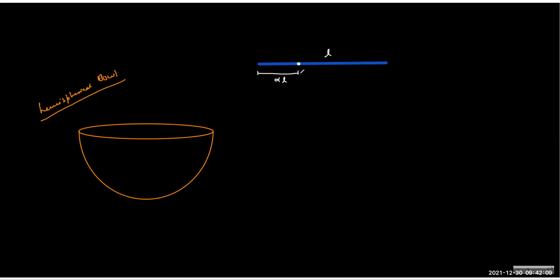So now, if you slid this rod into the ball, what will happen? This rod will be something like this. So it will remain at equilibrium in this position, and we are assuming it's a frictionless surface.